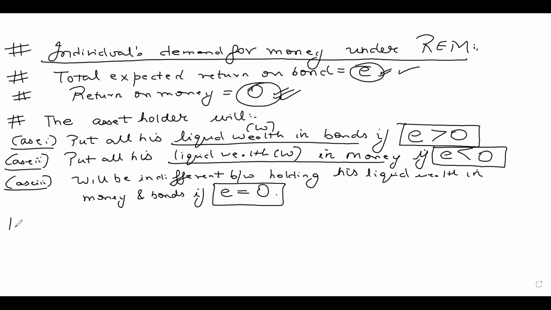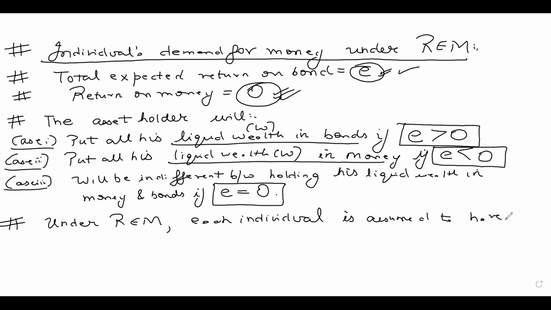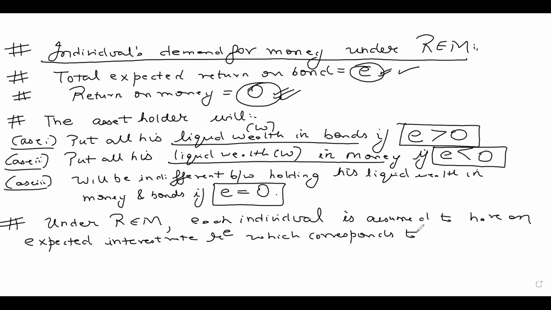Now, a very important assumption we have: under the regressive expectation model, each individual is assumed to have an expected interest rate RE, which corresponds to some long run average rate.